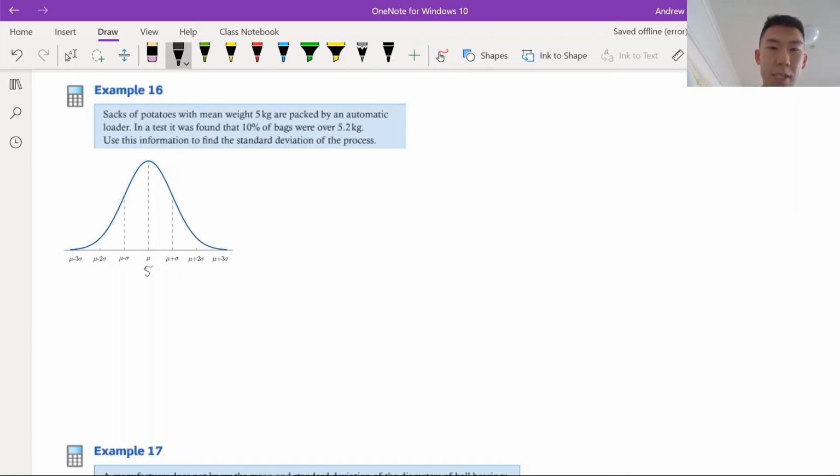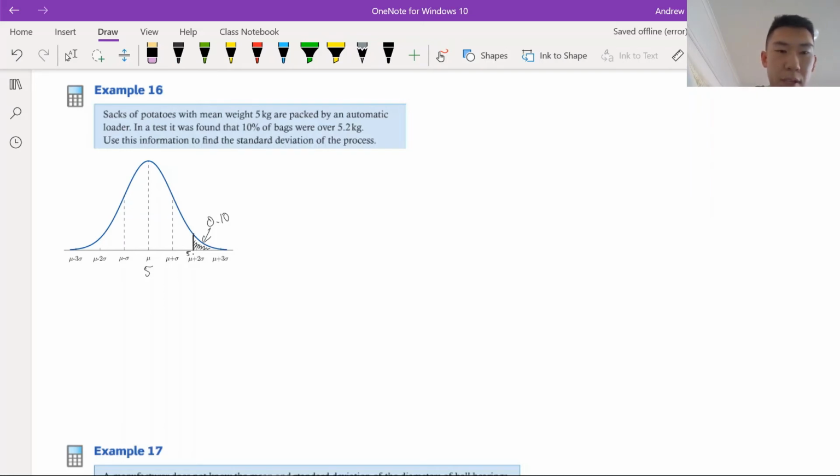Okay, since we don't know the standard deviation here, we aren't able to fill in any of these values, but we do know that 10% of the graph. I don't know if that's actually going to be right, but 10% is this area, and let's say that this is 5.2. So we can ignore these for now.